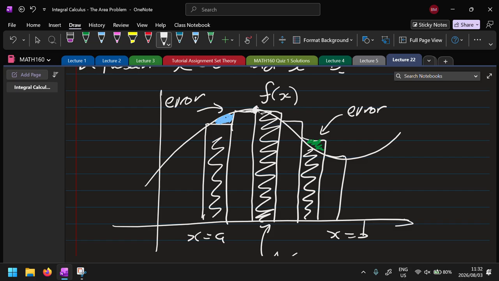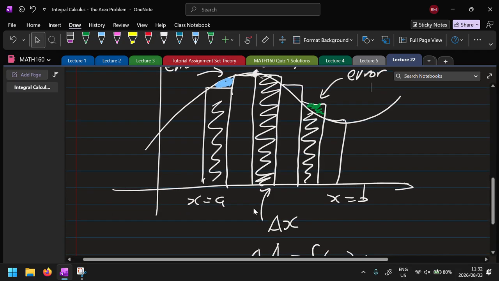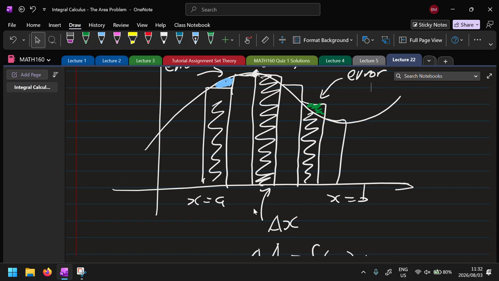Okay. Now, the idea with these rectangles is that if we make them smaller, then the error where it's a bit too small or it's a bit too big will get smaller.